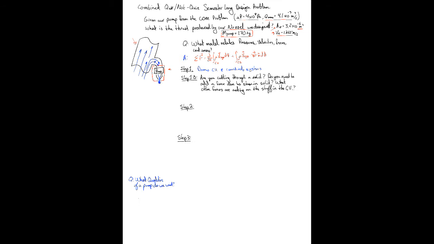And now we have to write our forces on our control volume. So here we have some pressure acting inward on our control volume due to the pipe. We're going to call that P times A1, entrance 1. And we've cut through the pipe, right?